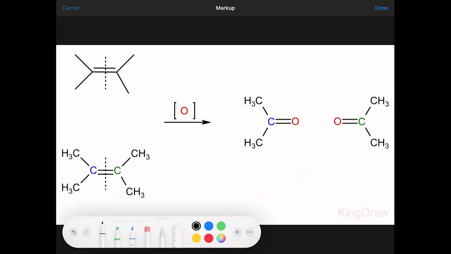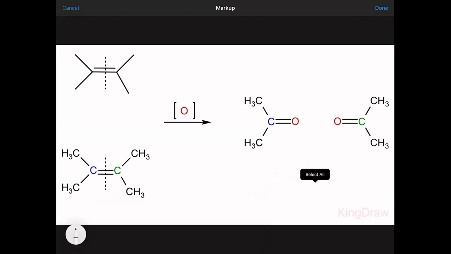And then what type of products do I form in terms of functional group? Two ketones, correct. So we have two ketones and they're identical. In other words, we have two of exactly the same product.